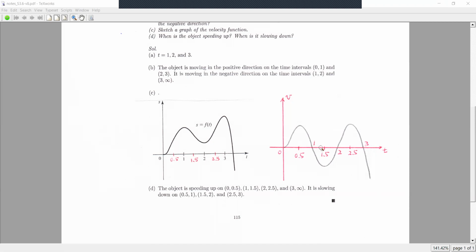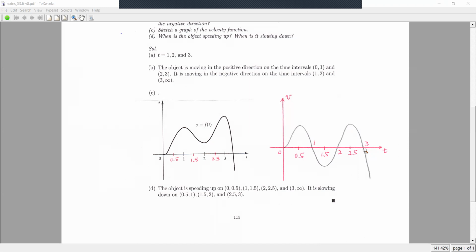So on this time interval, the object is speeding up and is moving in the negative direction because velocity is negative. Similarly, between 2 and 2.5, the graph of the velocity is increasing and is positive. So speed is increasing. So the object is speeding up and is moving in a positive direction.